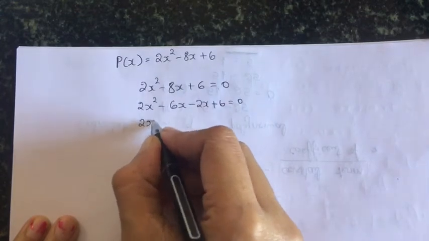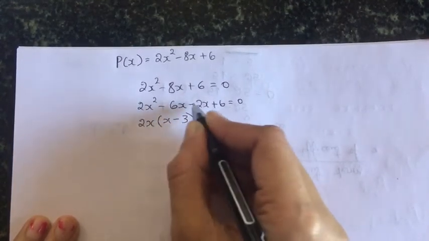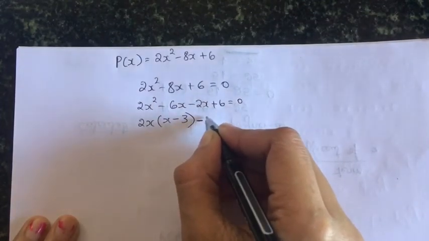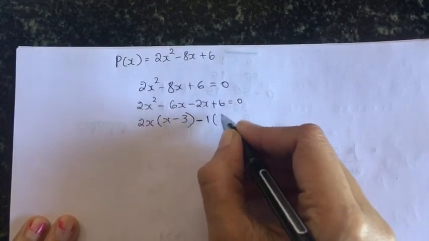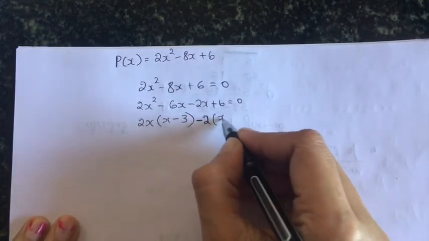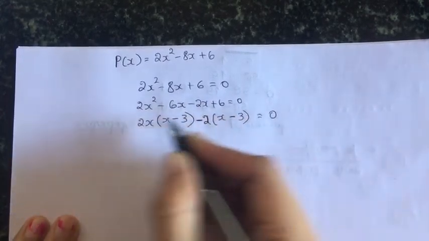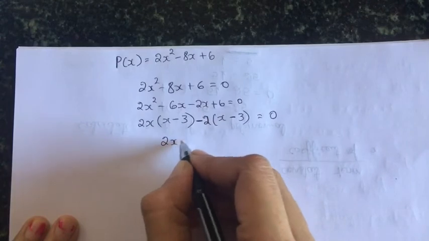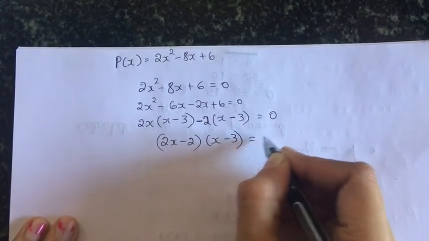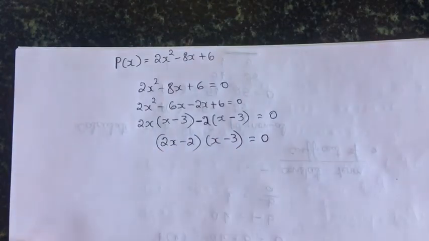So 2x I'll take out, here x minus 3, then again I'll take out minus 2 over here, so that it will be x minus 3. This is equal to 0, so that 2x minus 2 into x minus 3 equal to 0.